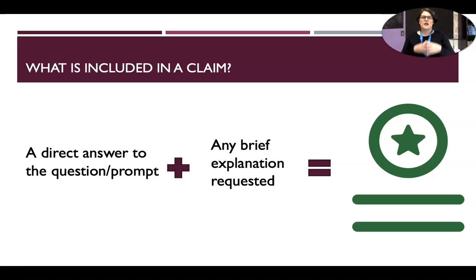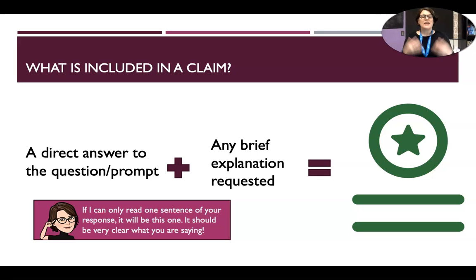So this is where it really needs to be clear exactly what your answer is and any really quick explanation that is requested. So again, if you only have time to write one sentence or I only have time to read one sentence, it will be this one, your claim. That's how clear you need it to be, that if I can only get one answer, it's that, and I know what you mean.